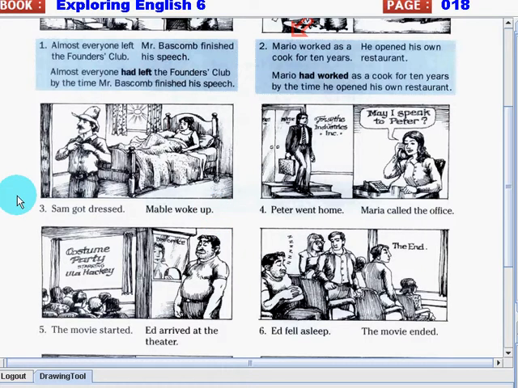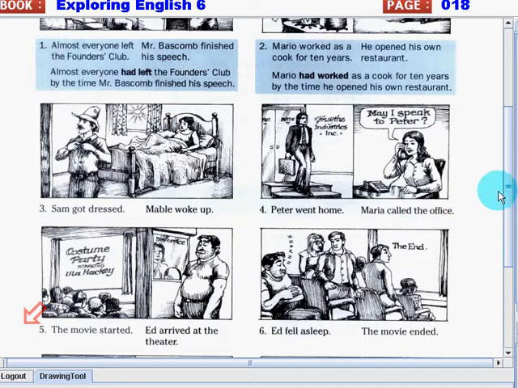Sam had gotten dressed by the time Mabel woke up. 4. Peter went home. Maria called the office. Peter had gone home by the time Maria called the office.